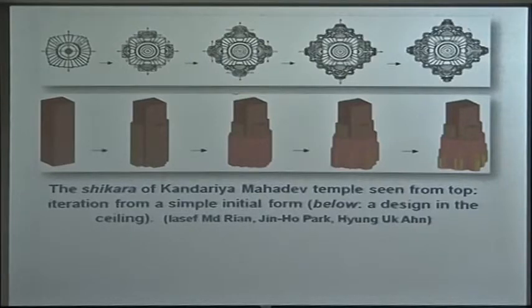And this is actually the top, this is the shikhara at the same Khajuraho temple seen from top. This is at the end of it what it looks like. But you see how it has been formed out of the simple square structure, which represents the center of the Garbhagriha. So this is a very elaborate technique.